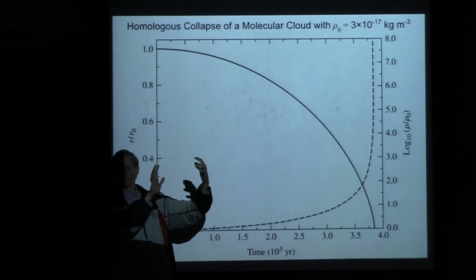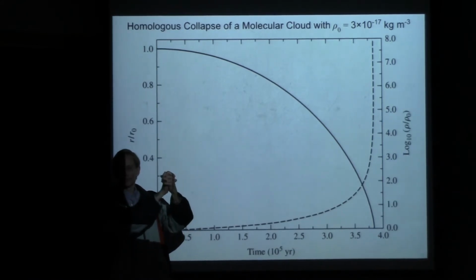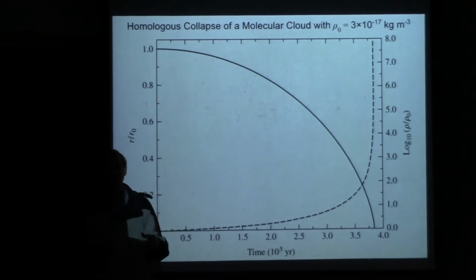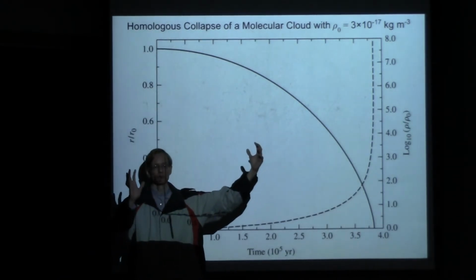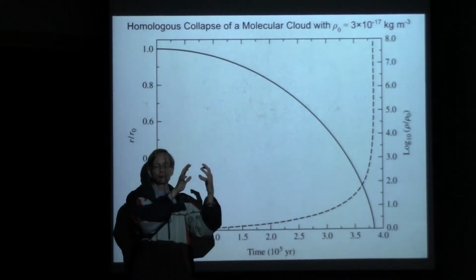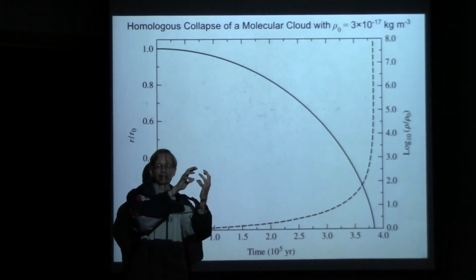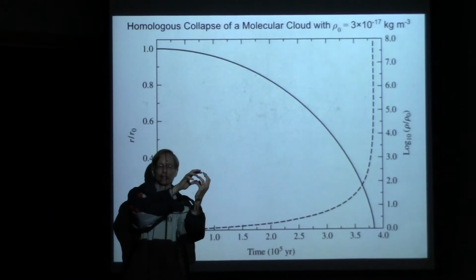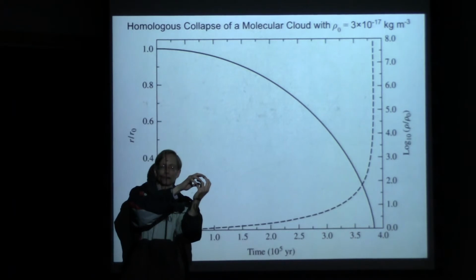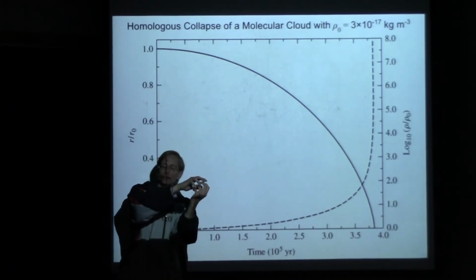Then pressure takes over and starts to balance gravity, and so, obeying the virial theorem, some of this gradual gravitational collapse is converted into thermal energy, and my core gets hotter and hotter, and nuclear fire has been lit and I am now a star.